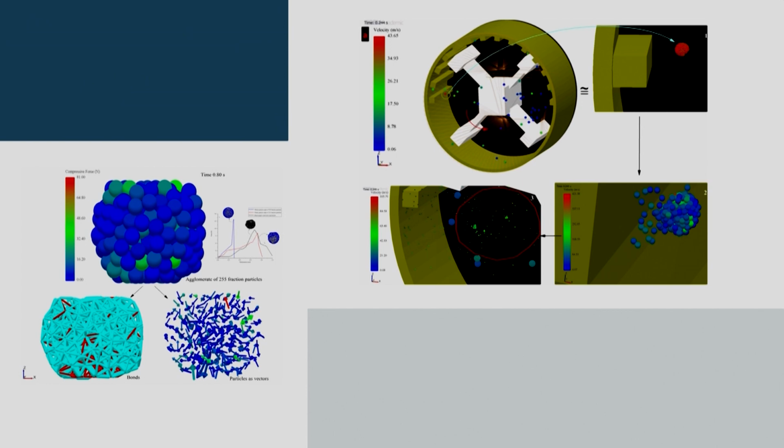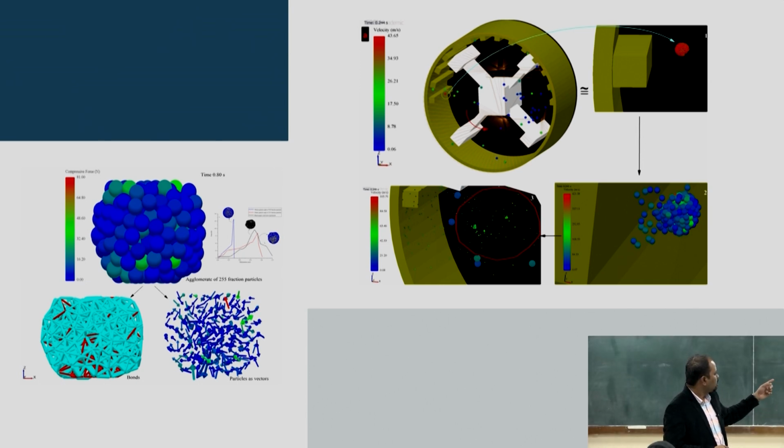I selected 500 to 1000 particles and bonded them together with bond properties. Once it matches the force-deformation characteristic, we put those properties in the mill, and you can see the scattering of the particles and how they break down.